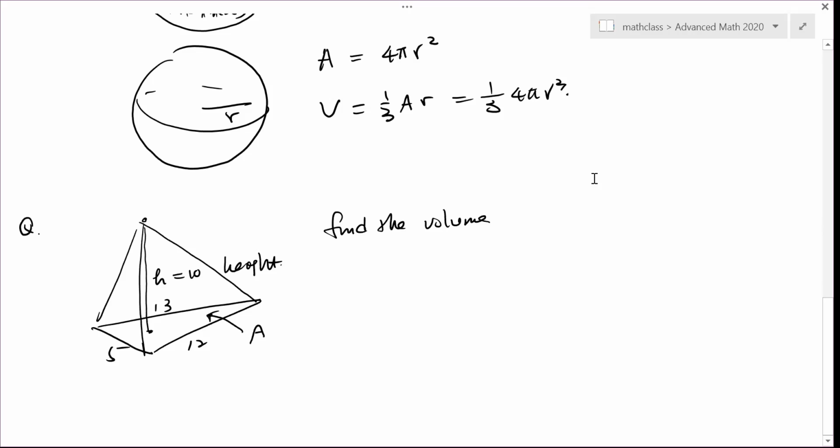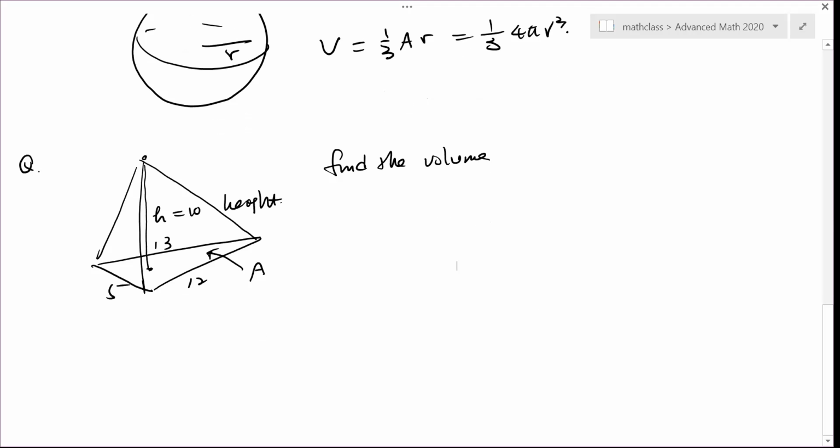Okay. Now, first of all, you have to find the area of the base, right? So look at the triangle at the base. By the Pythagorean theorem, 5 squared plus 12 squared equals 13 squared.